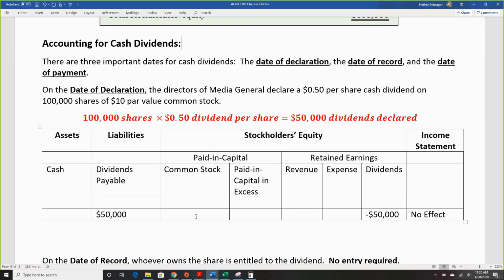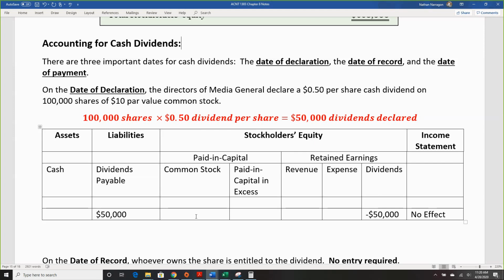Whenever the date of declaration comes around, this is when a company's board of directors state that they will issue a dividend. Okay? So they said, we're going to give our 100 shares of $10 par value common stock a 50-cent per share dividend. Yay!